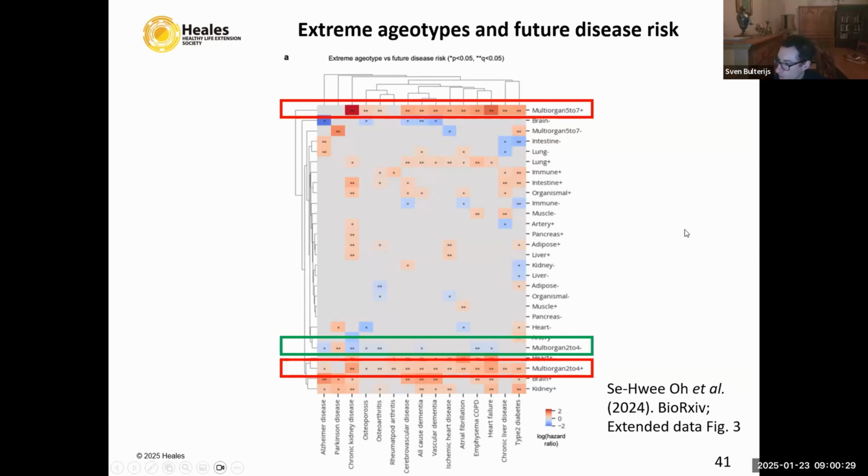One thing that is more surprising is here, people who are younger in 2 to 4 organs. Yes, you can see some blue, but not that much. So they are not that well protected against diseases. Here, if you look at people who have 5 to 7 younger organs, they are only protected against ischemic heart disease, but they actually have an increase in type 2 diabetes and in Parkinson's disease.